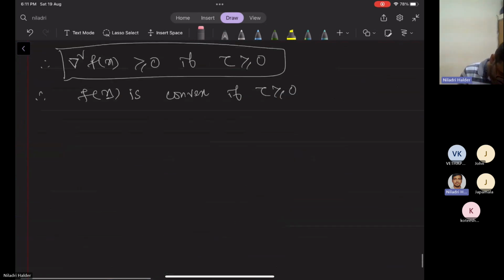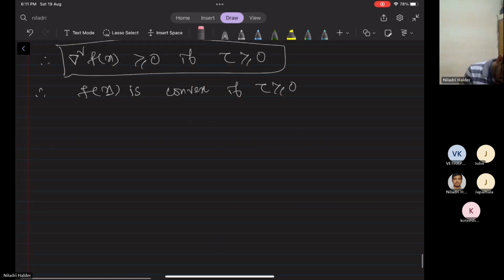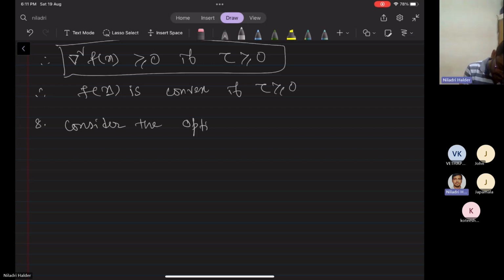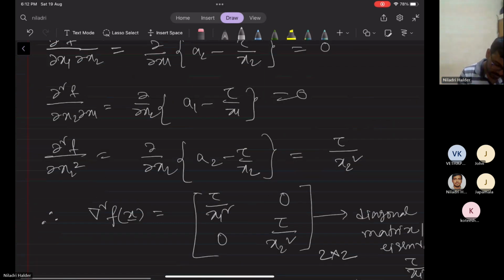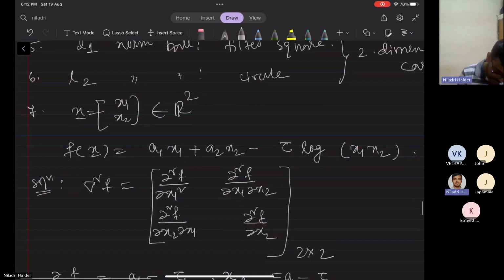Now for the next case, suppose we have a constrained optimization problem. Consider the optimization problem as follows: minimizing with respect to x, f(x), where f(x) is as mentioned above.